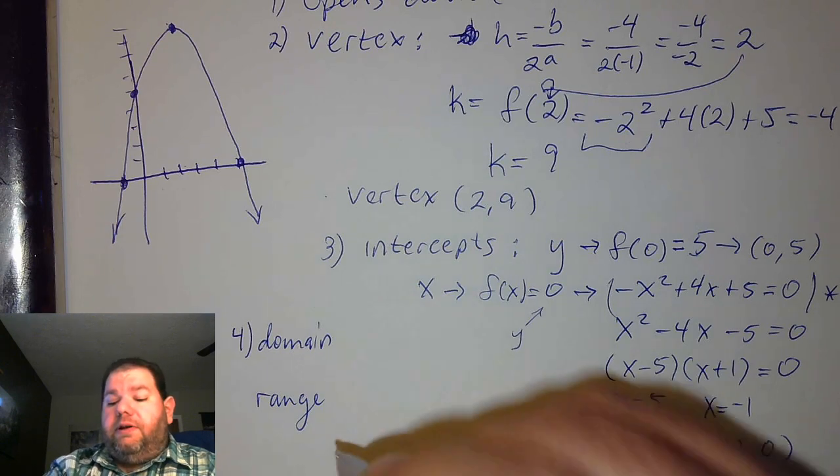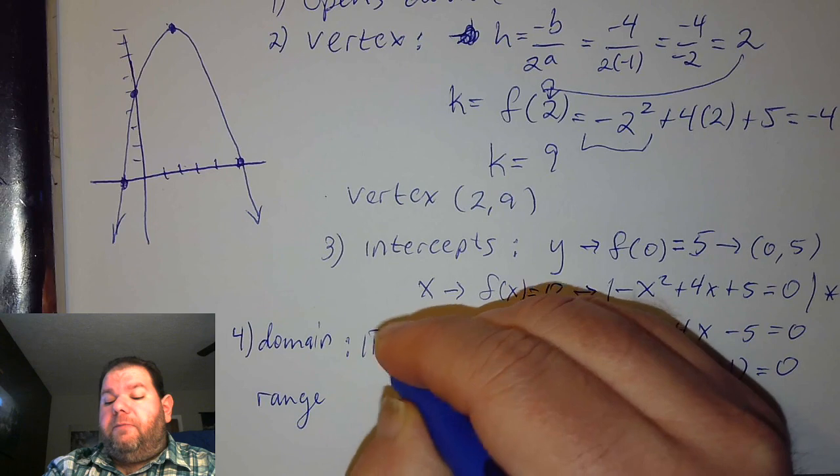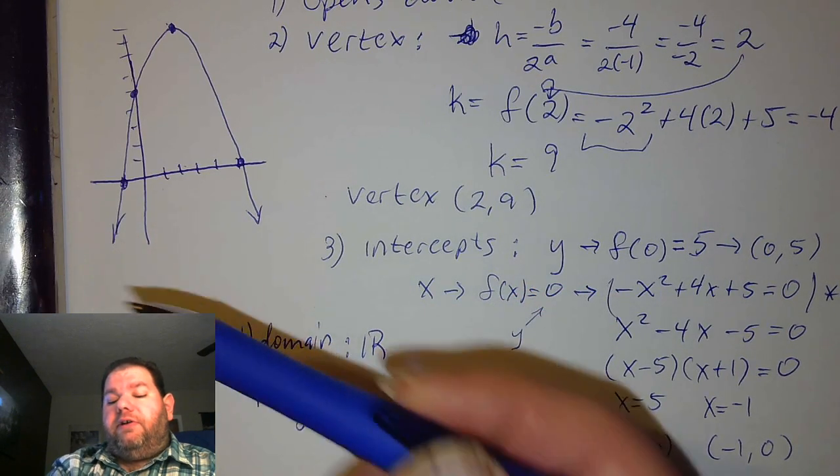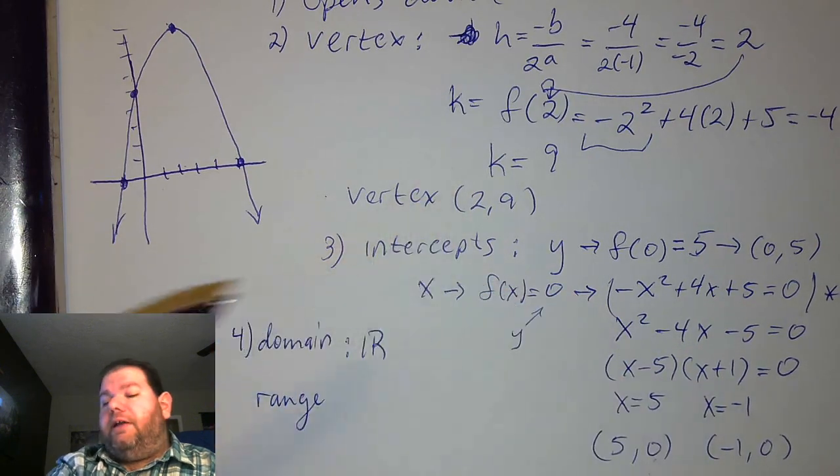All real numbers, yes. Because we have the arrows on the left and the right hand side, so it's going to continue infinitely to the left and to the right.